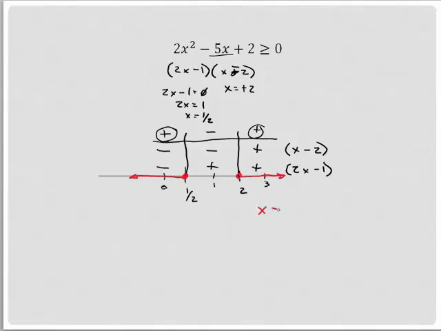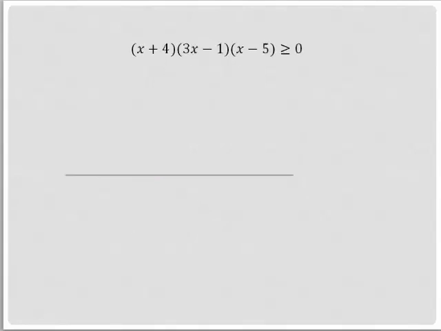So x is greater than or equal to 2. And x is less than or equal to 1/2. Alright, let's get a little more complicated. I know you could do it.